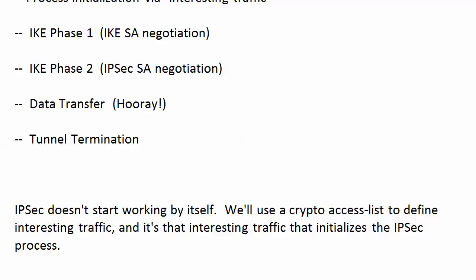The deal is that when outgoing traffic is going to be matched against a crypto ACL, if the traffic is permitted by that ACL, then IPSec will protect it. If it is denied by that ACL, and remember this is the crypto ACL I'm talking about, the traffic is sent out normally.